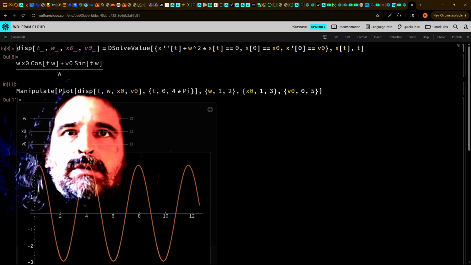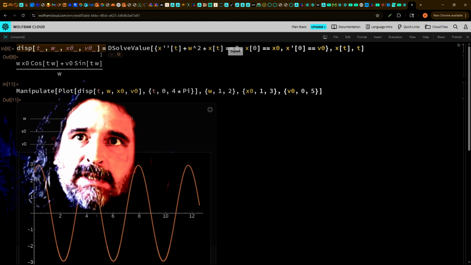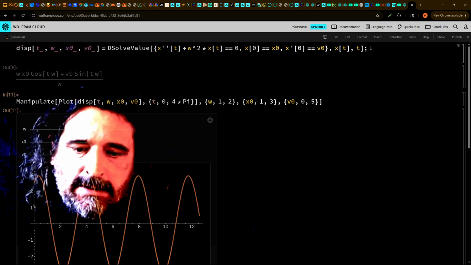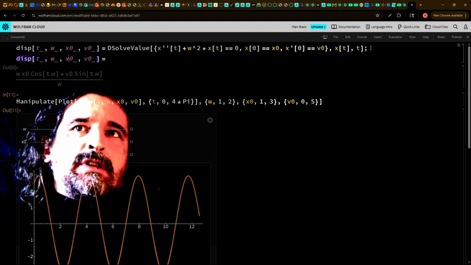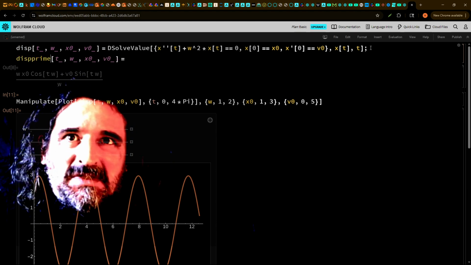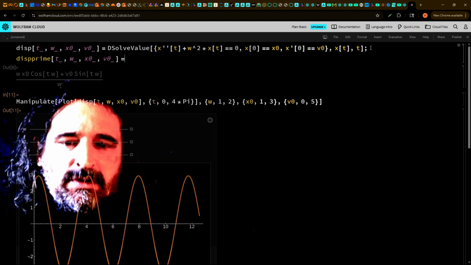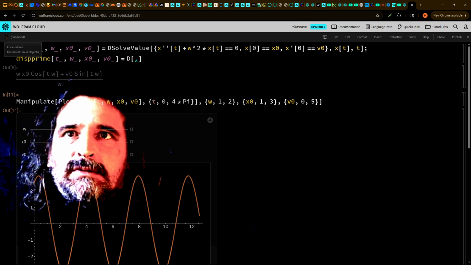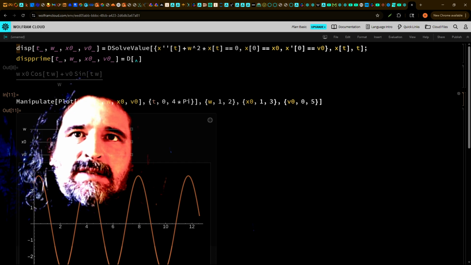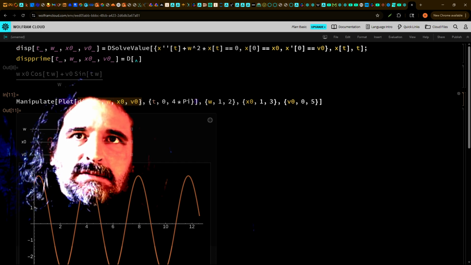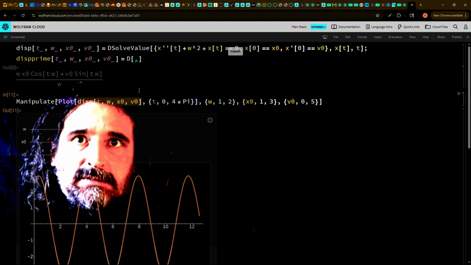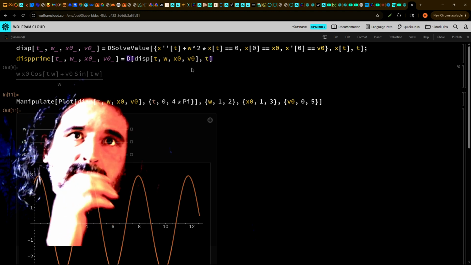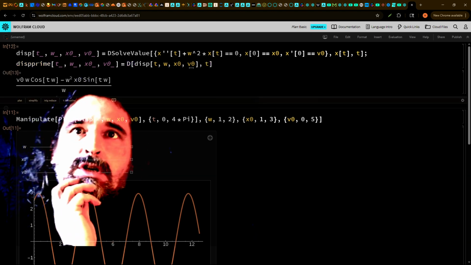So I'm going to define here this and this, and I'm going to call this prime. And that is going to be equal to the derivative of this with respect to t. And you have here the derivative.